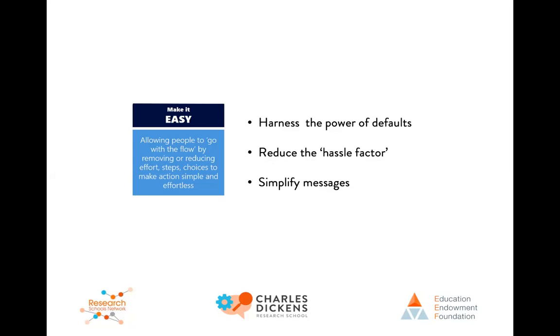And it might be that this is part of a wider strategy to improve reading fluency. And so rather than giving teachers a range of ways to develop fluent reading, we might ask them simply to read aloud for 15 minutes 3 times a week. So we've reduced the hassle factor and we've simplified the message.